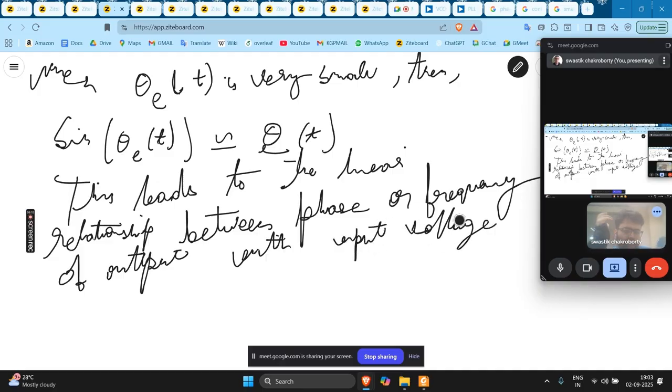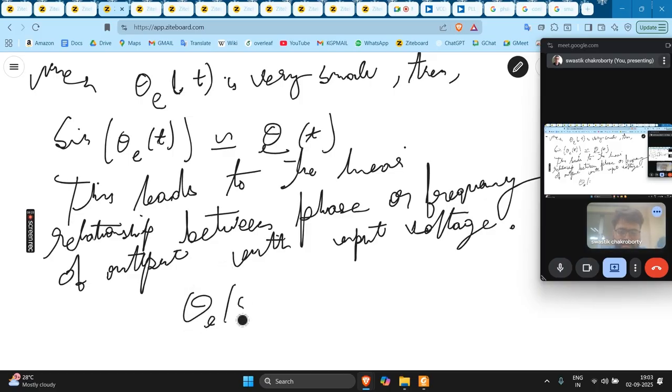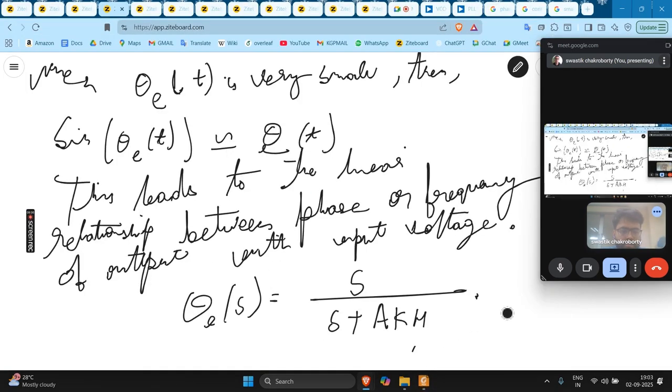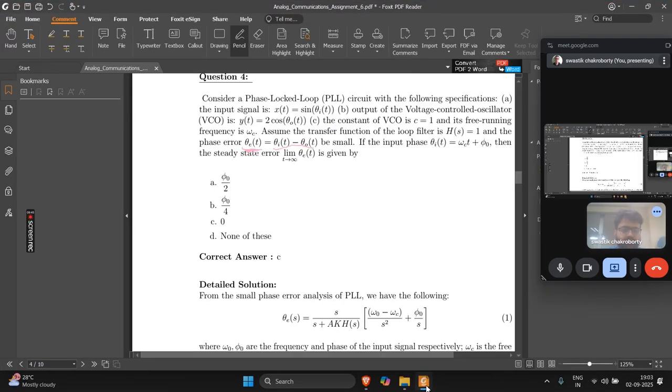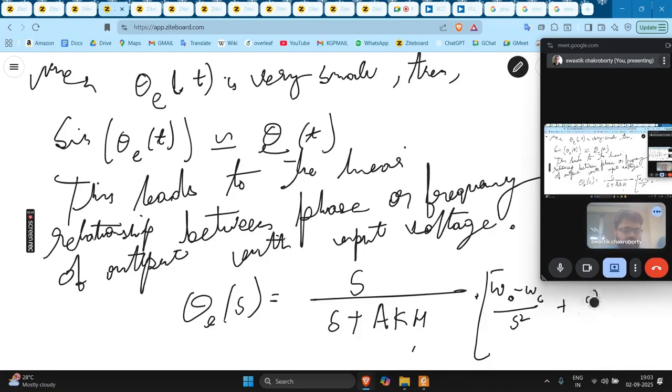So the first order phase response is given as theta e(s) equal to s by s plus AKH, multiplied by omega c minus omega naught over s plus phi naught by s.